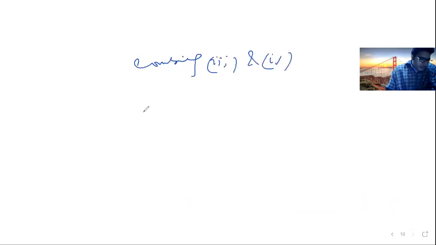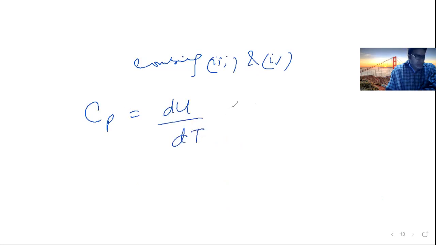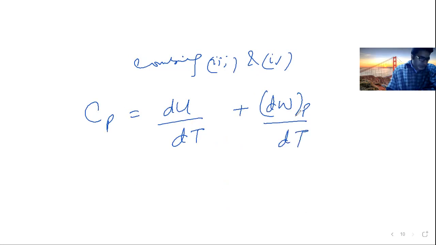So I will get what? Cp is equal to dU by dT plus dw subscript p by dT, right?